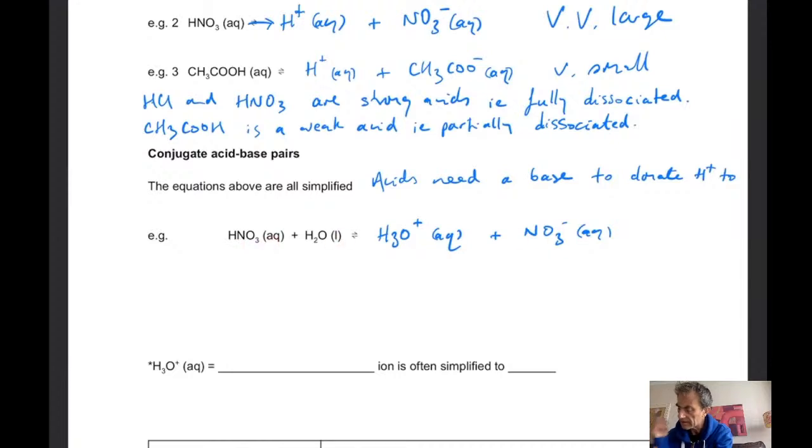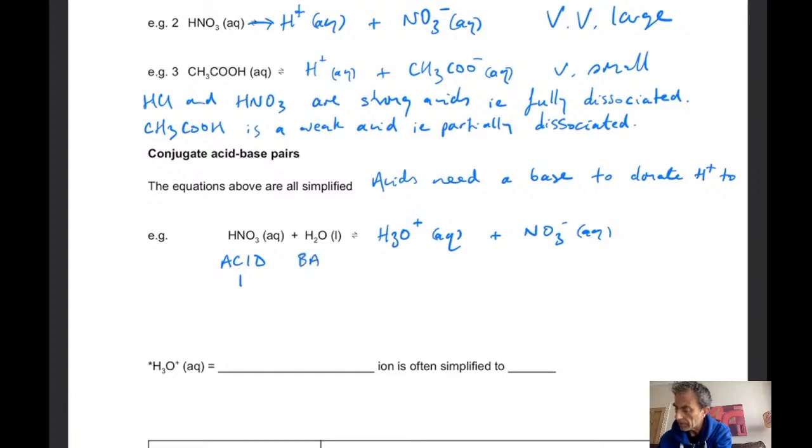So I hope that makes sense. What we're going to do is work out what the conjugate acid-base pairs are in that equilibrium. So let's have a look. This is definitely an acid because it's donated a proton, so we'll call this acid 1. Now the water is a base. We've established that because it accepts a proton.